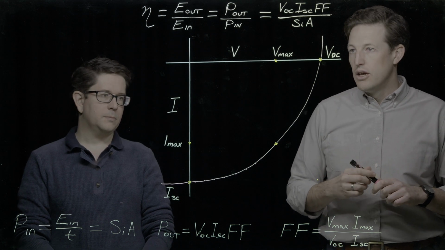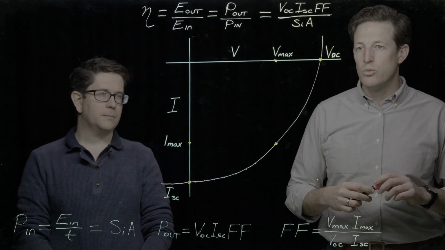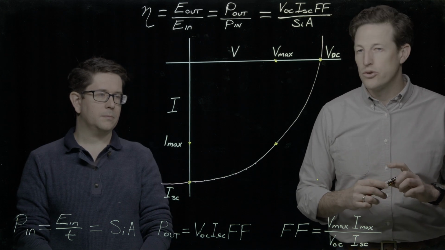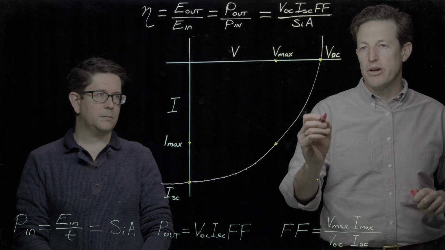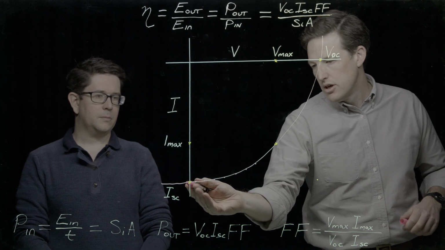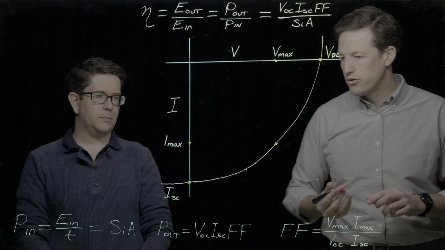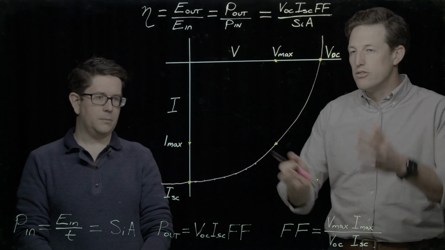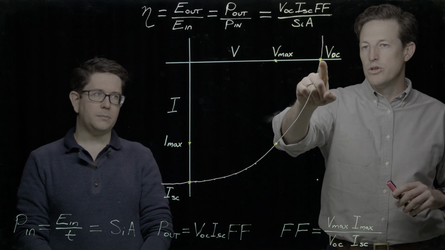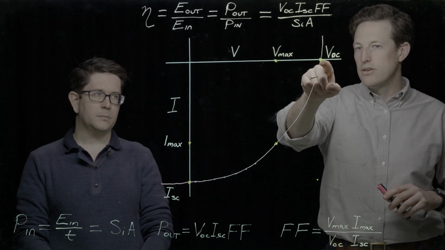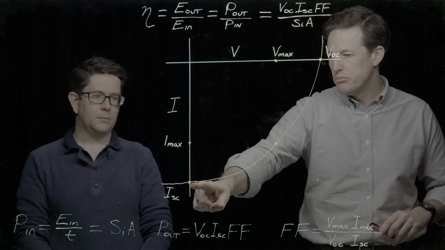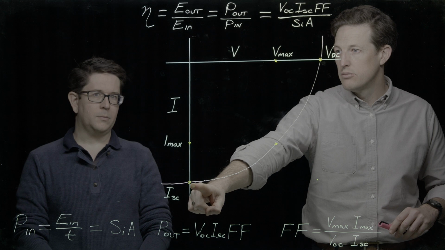Now, there's lots of information we can get out of this curve, isn't there? So just to start off with, when we were talking earlier about open circuit voltage and short circuit current, this point here is the open circuit voltage, and this point here is the short circuit current. So this is a graphical representation of the point at which we're not getting any current out of the device but have maximum voltage, and the point at which we're getting maximum current but no voltage.